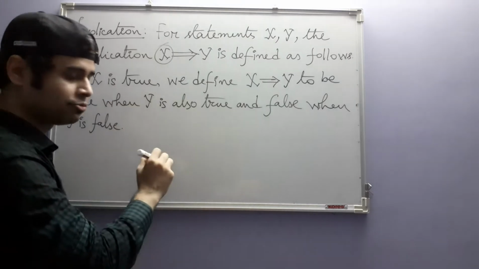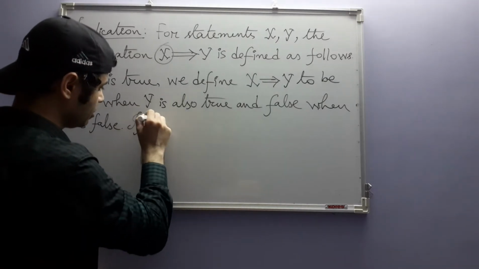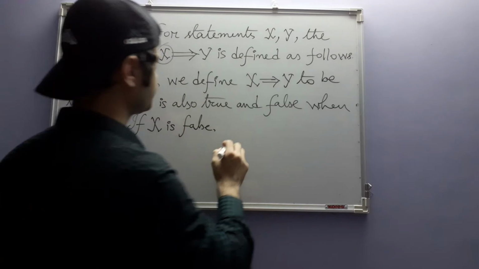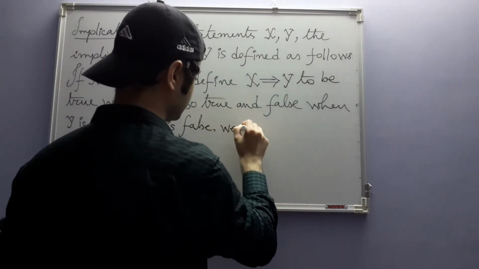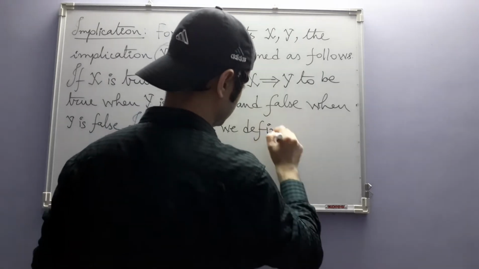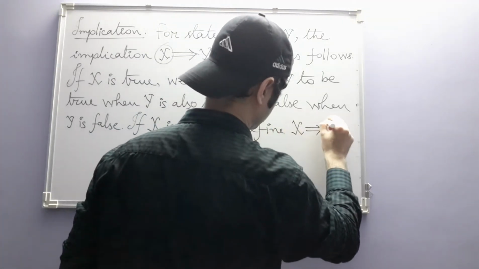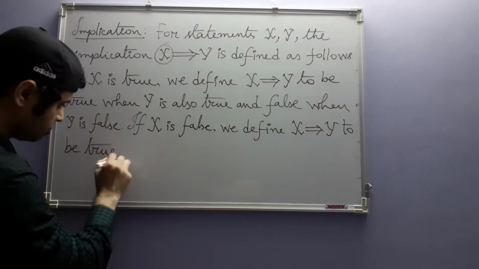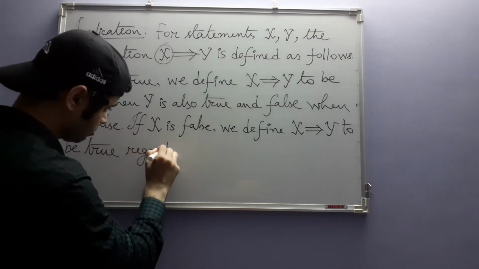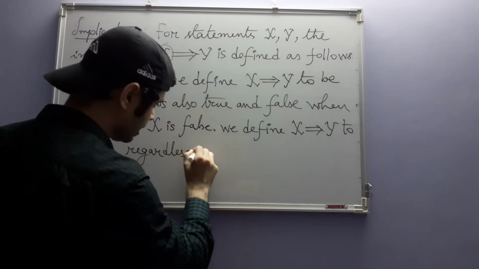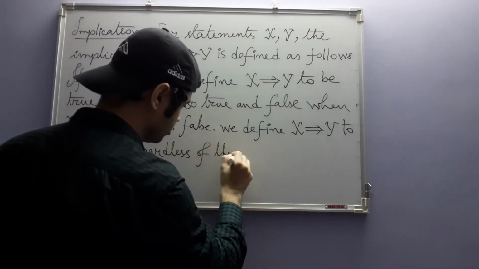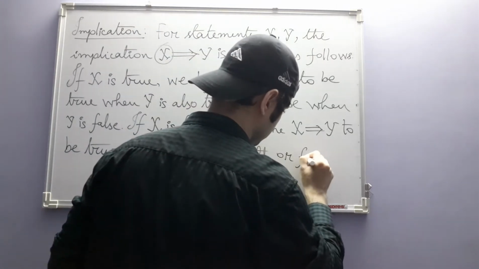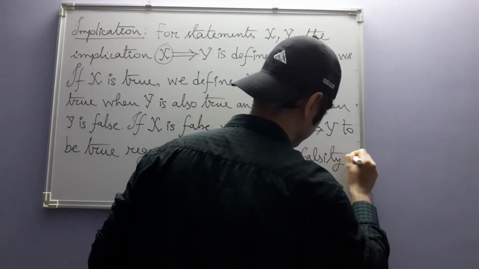Now, here comes the confusing part. If x is false, we define this to be true regardless of the truth or falsity of y.